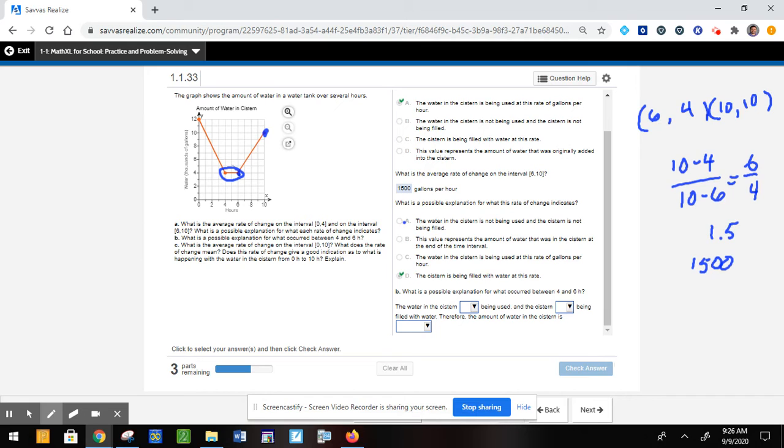People took a break, whatever, because it stayed flat. So I would say the water in the cistern is not being used, and the cistern is not being filled with water. Neither of those things is happening, right? Because it's flat. Therefore, the amount of water in the cistern is constant. It's not increasing or decreasing. It's flat. It's constant.